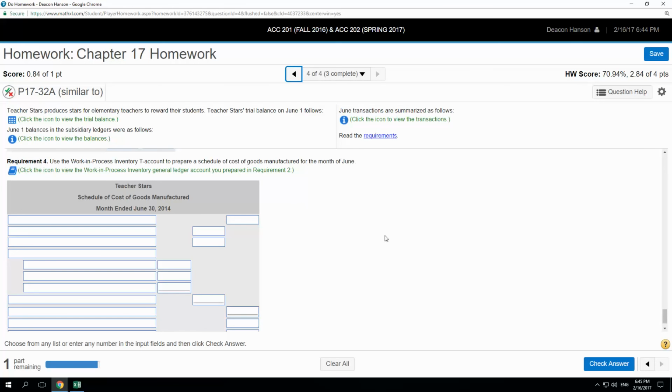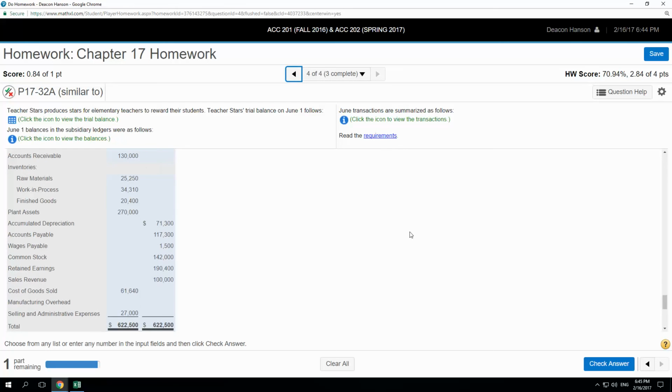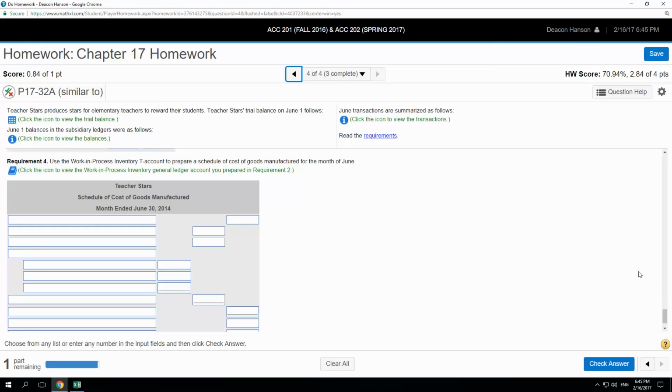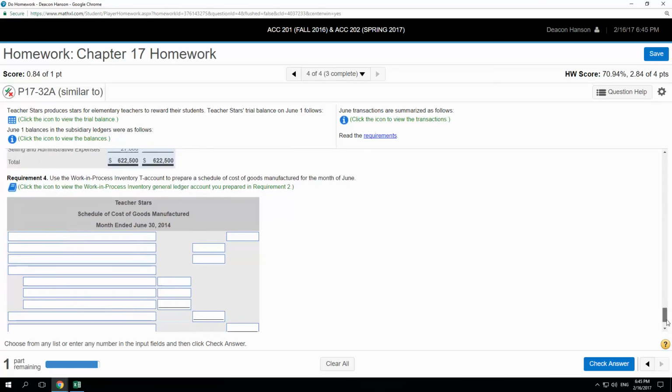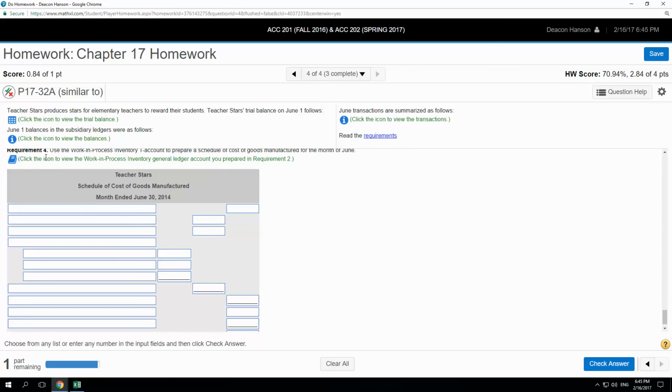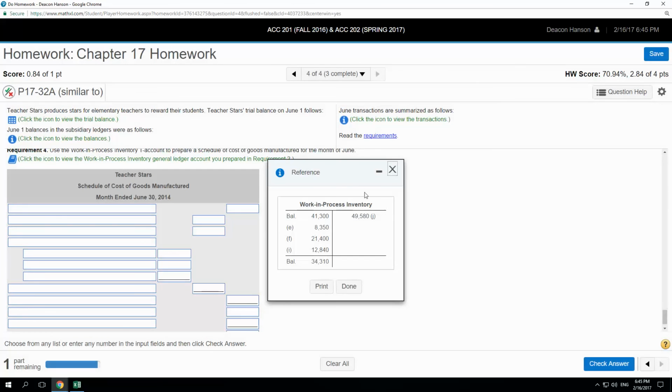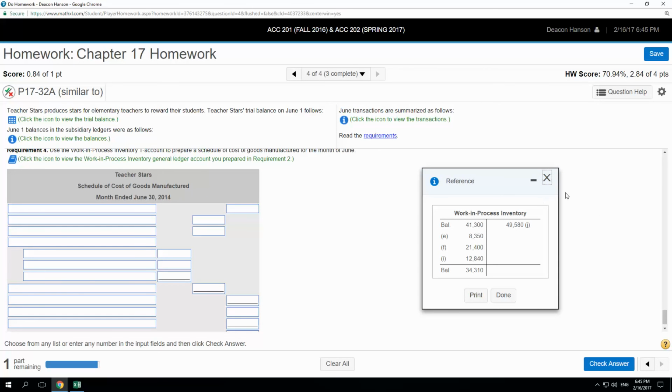Okay. Now it wants me to make a cost of goods manufactured schedule. So we got our work in process account. We're going to start with beginning work in process of 41,300.